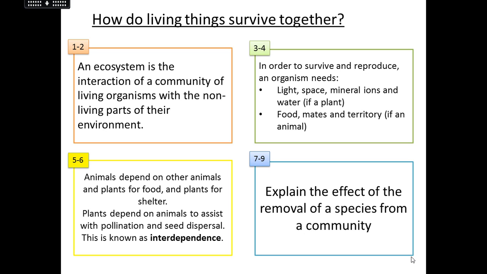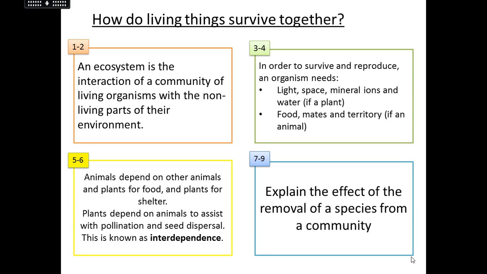Same sort of thing for pollination, which is basically the pollen being taken to the other plant to be able to fertilise it, and then the seeds produce. But that tends to be done more by insects rather than large animals that you probably consider. So that's known as interdependence. So getting that keyword in there is really important.